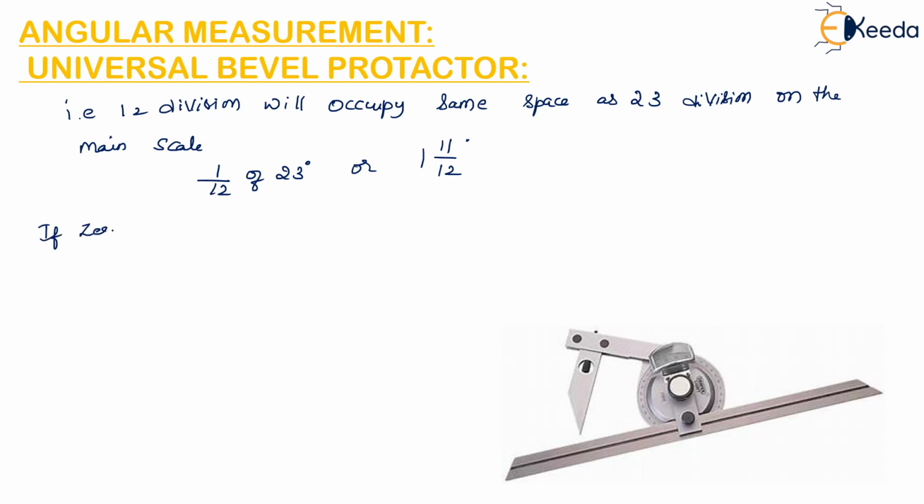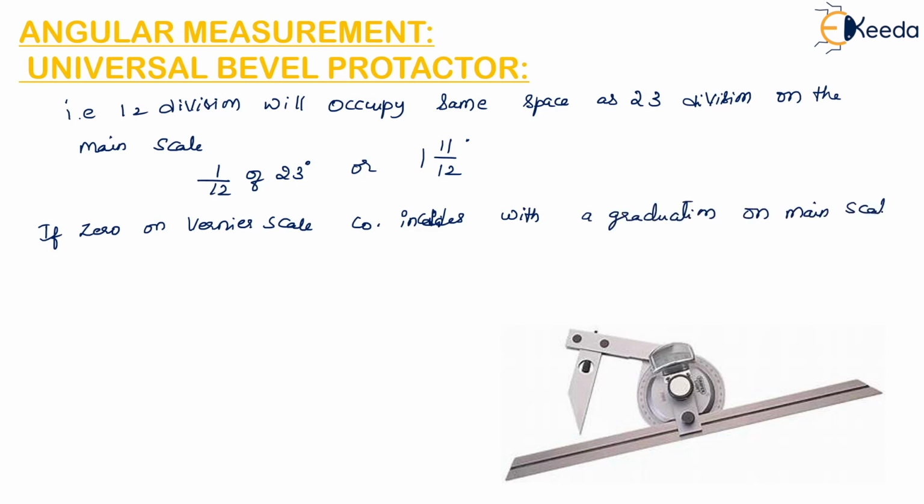So if 0 on the vernier coincides with a graduation on the main scale, then the readings are in degrees.